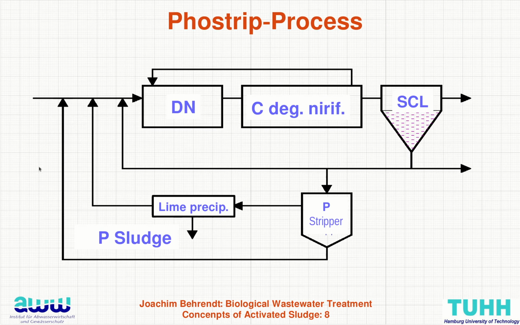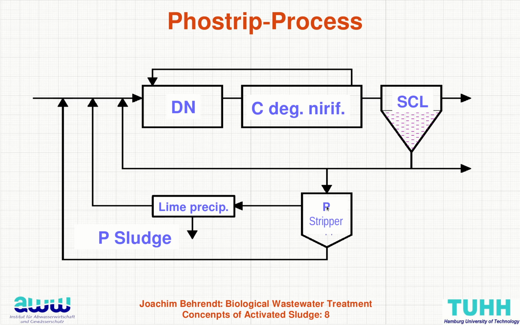There are other interesting processes on the market developed in the United States, the so-called PhoStrip process. The idea is to run a normal activated sludge process with pre-connected denitrification, but from the return sludge you take a part off and store it in the so-called P-stripper.